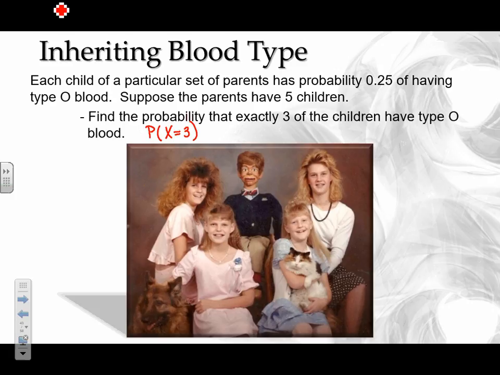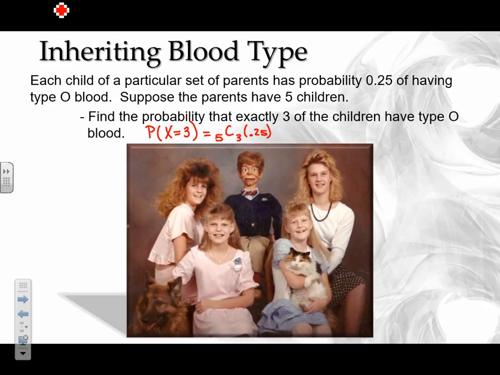So how many total children are we looking at? 5. CX, x would be the number of successes we want to see, which is 3. Times, what's my probability of success? 0.25.